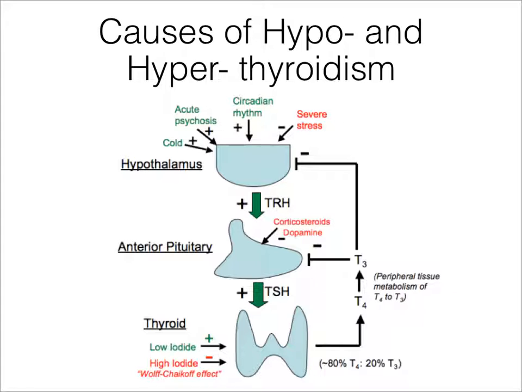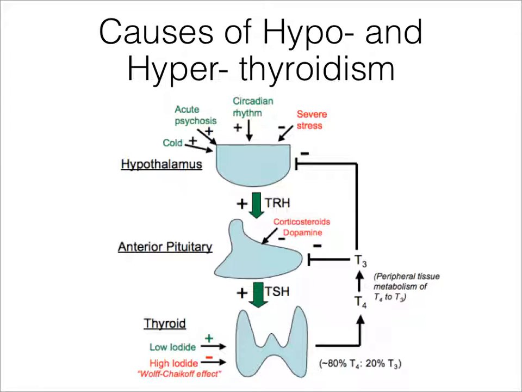Either of those can be caused by a tumor. Basically, you have a growth in the number of cells that release that hormone, thus you get more hormone released, and then you get more activity of the thyroid and an excessive amount of T4 and T3 produced.